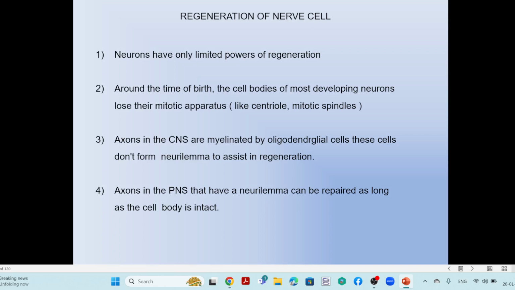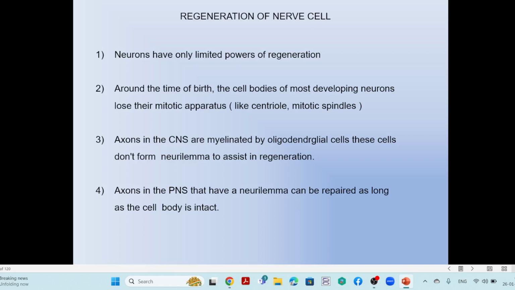Then again, the axons in the central nervous system are myelinated by oligodendroglial cells. These cells don't form a neurolemma to assist in regeneration.